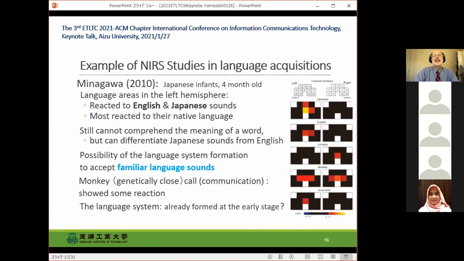This is a key. Actually, I use this example of research in my class, my graduate course, to tell students that we gradually lose the ability to discriminate the different types of language sounds.